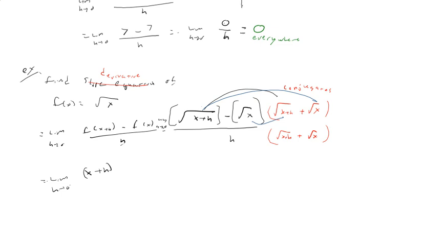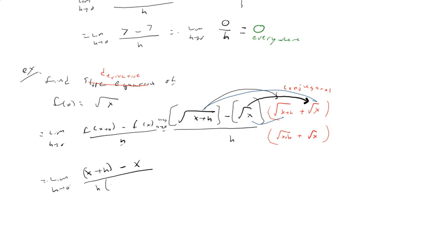If I'm doing FOIL, first, outer, inner, last, I don't need to worry about the outer and the inner parts. I just need to multiply the first pieces together and the last pieces together, because the middle ones are going to cancel. So root x plus h times root x plus h is x plus h, minus root x times root x, which is minus x, over h times, I'm not going to multiply the bottom parts, I leave it alone, radical x plus h plus radical x.